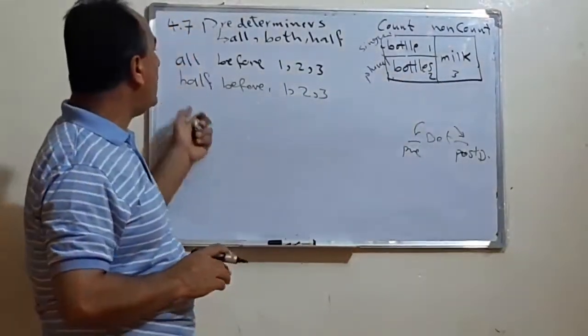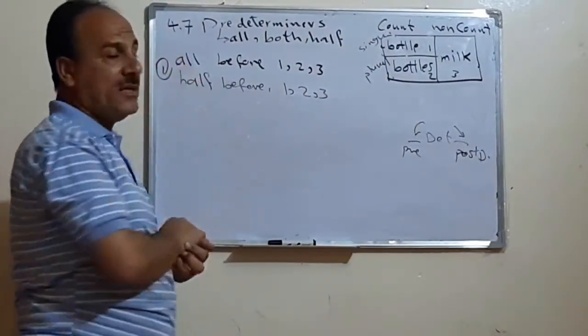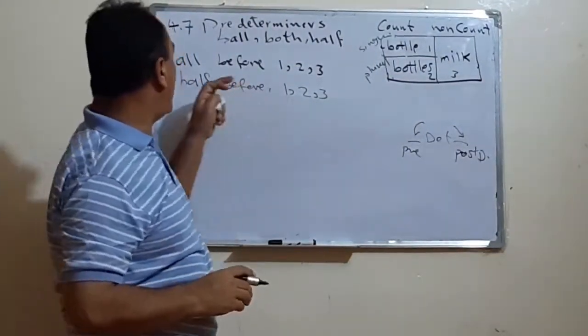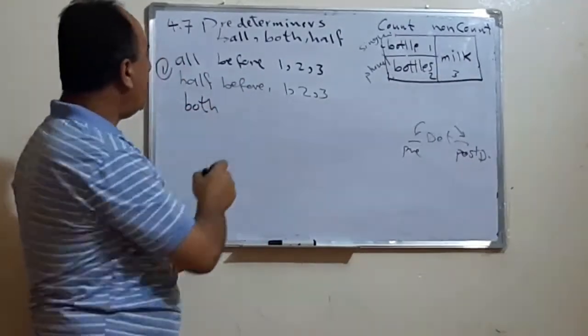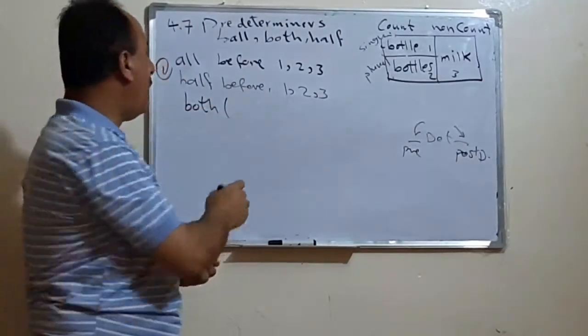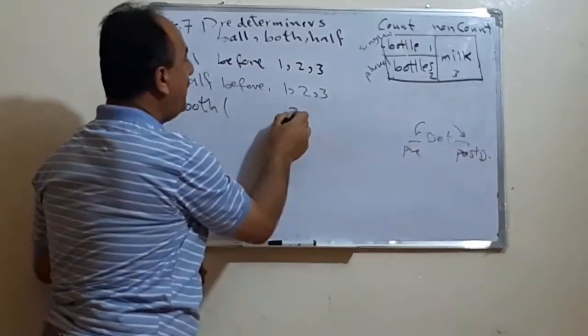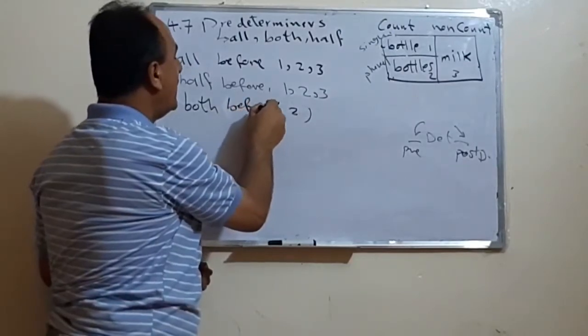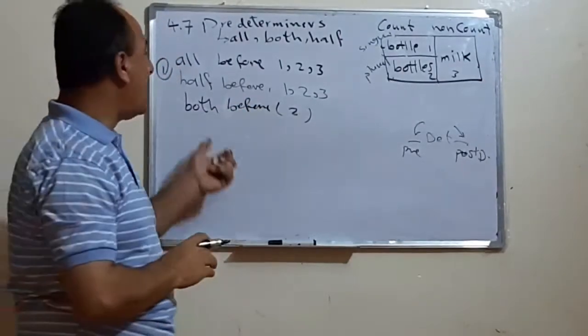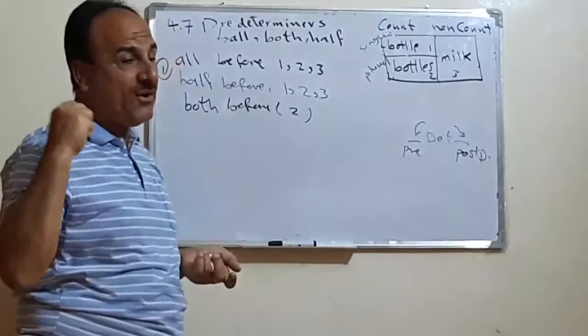Then, the last one, both can be used only before number 2, when it has a meaning of two. So both writers means we have two writers.